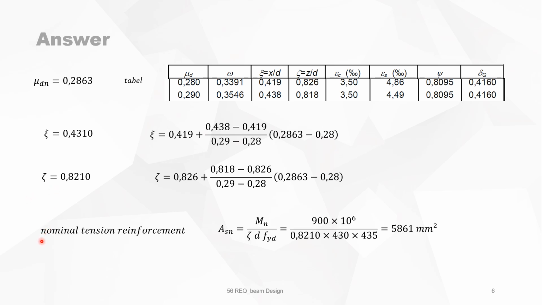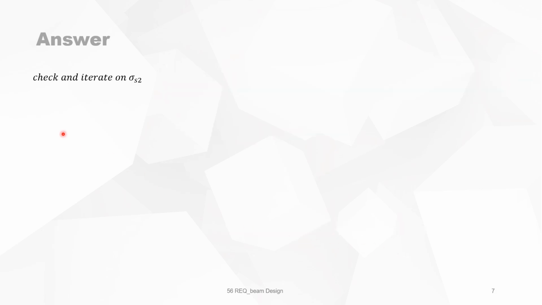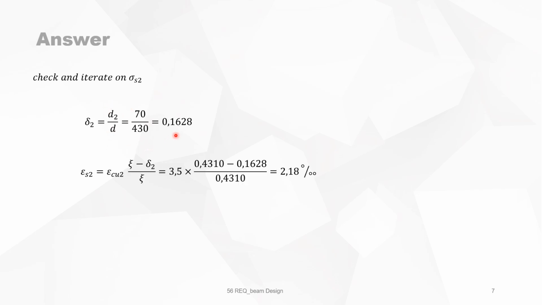So the nominal tension reinforcement is then equal to the bending moment divided by the lever arm and the yield strength of the reinforcement. It gives you 5,861 square millimeter. Now we will check and, if necessary, iterate the calculation that we've done on sigma s2. So we first will see if sigma s2 has yielded, yes or no. Delta 2 is then d2 over d, 70 over 430, is 0.1628.